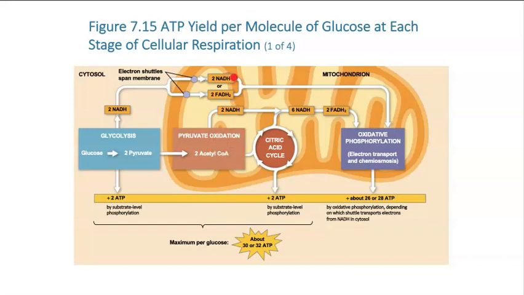Those 2 NADHs there could be changed into 2 FADHs depending on the situation. These 2 NADHs, though, do move into oxidative phosphorylation. In the citric acid cycle, we have 6 NADHs and 2 FADH2s, and those are all going to move into the oxidative phosphorylation process. So here, somewhere between 26 and 28 ATP are made. Here 2, here 2. So that adds up to somewhere between 30 and 32 ATPs.